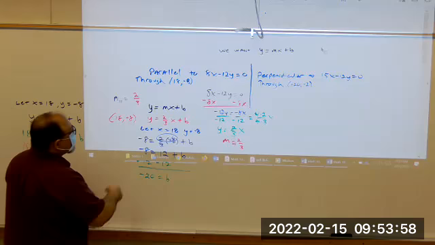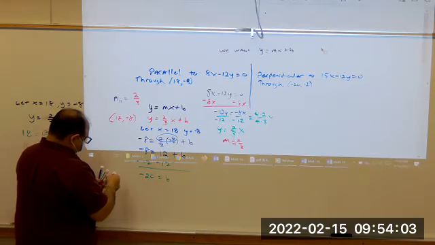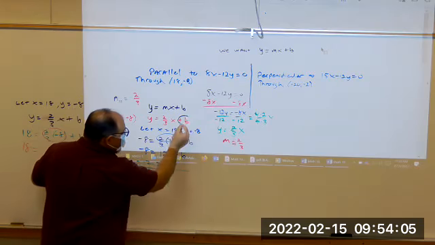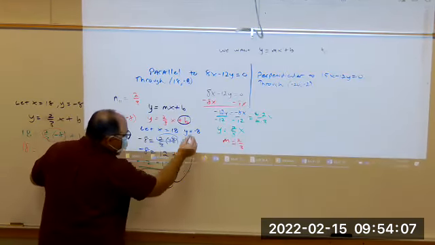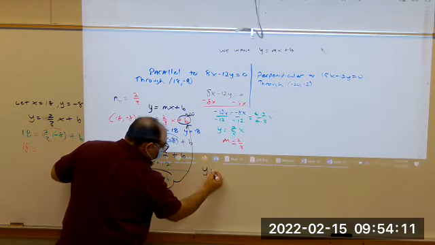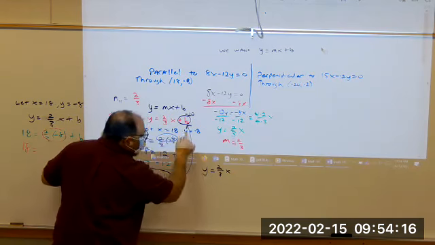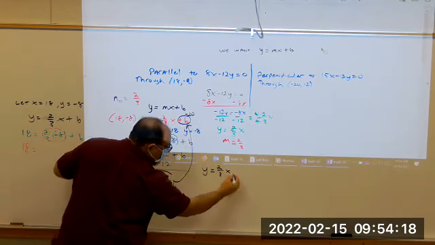So the equation of the line that I needed to find, this b is a negative 20. So the equation of my line is y equals 2/3 x, and then plus negative 20, so minus 20.